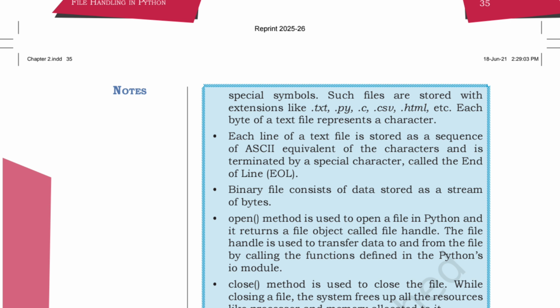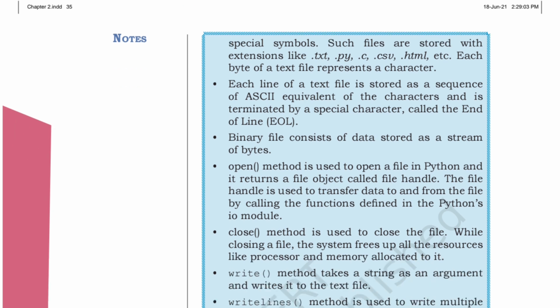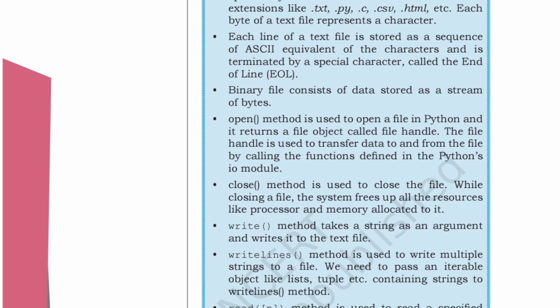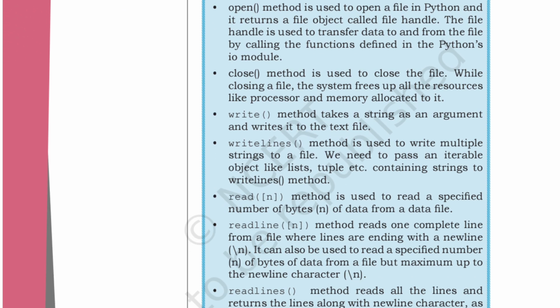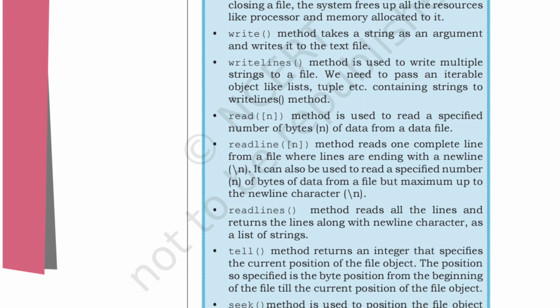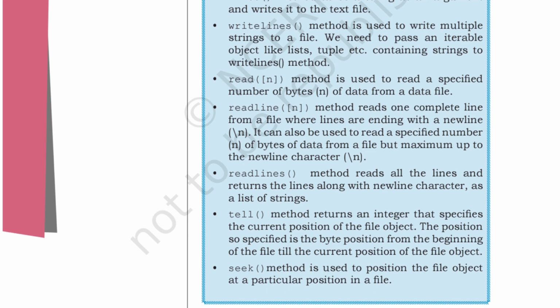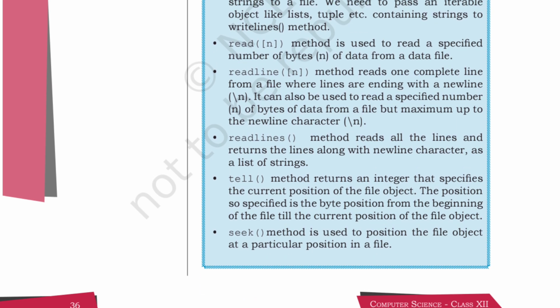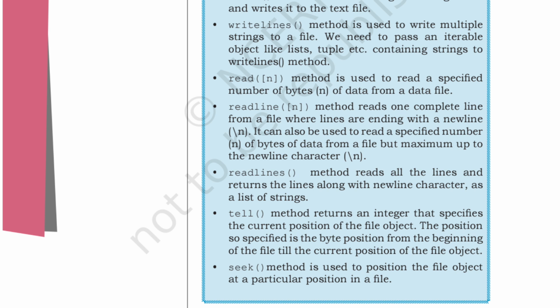A binary file consists of data stored as a stream of bytes. Okay. Then we are using the open method, close method, write method, writelines method, readline method, read method, readlines method, tell method, seek method. Now what is the difference between readline and readlines? The readline method is basically useful to read one line, where the lines end with a new line.